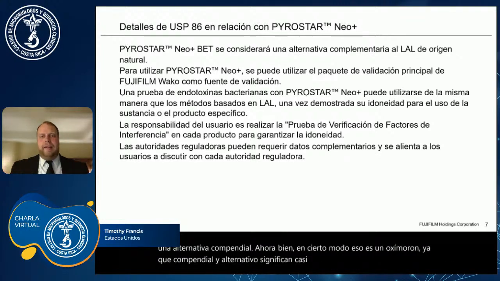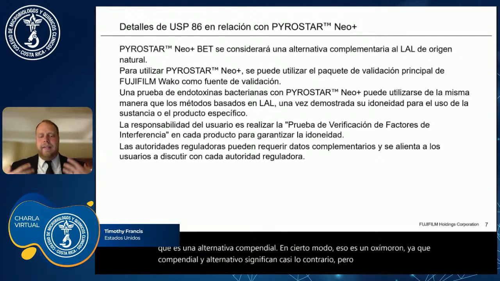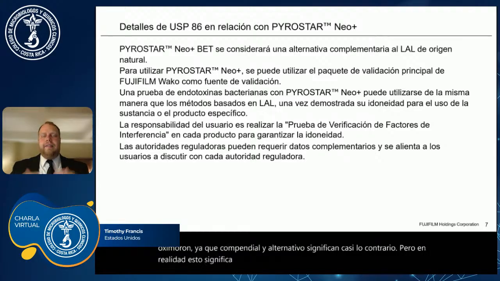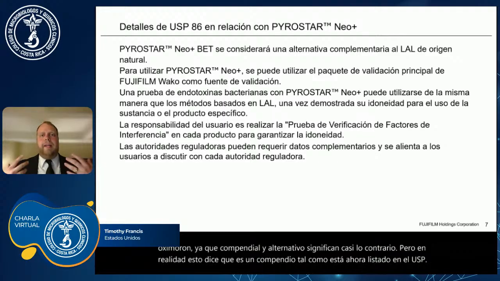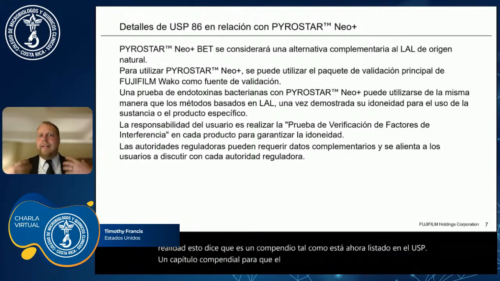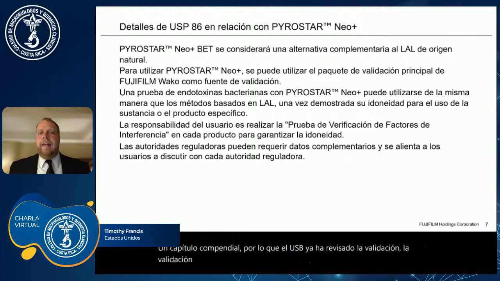But in reality, what this is saying is it is compendial, as it is now listed in the USP compendial chapters. So the USP has already reviewed the primary validation, and accepted these methods as bacterial endotoxin tests.